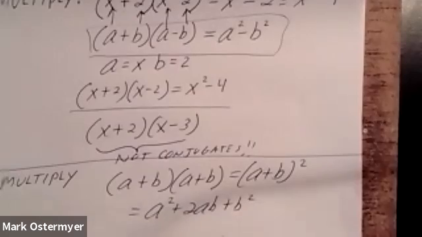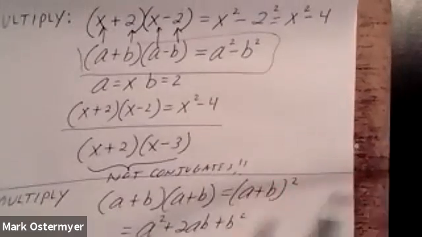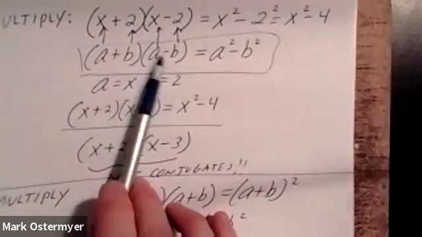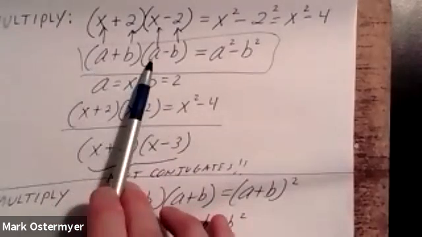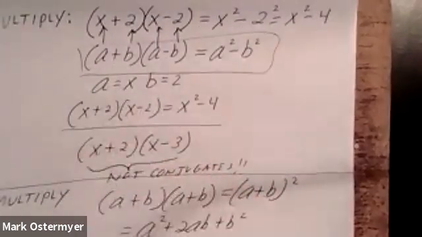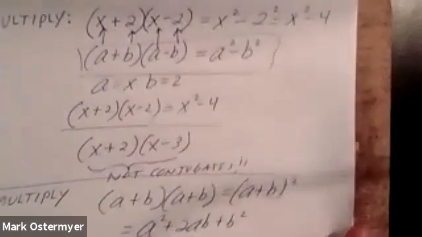So does that answer your question? In order to be conjugates, the signs have to be opposite in between the terms, and yet the first terms have to be identical and the last terms have to be identical. That's the only time you can use this pattern. Anything different than this, it wouldn't work.